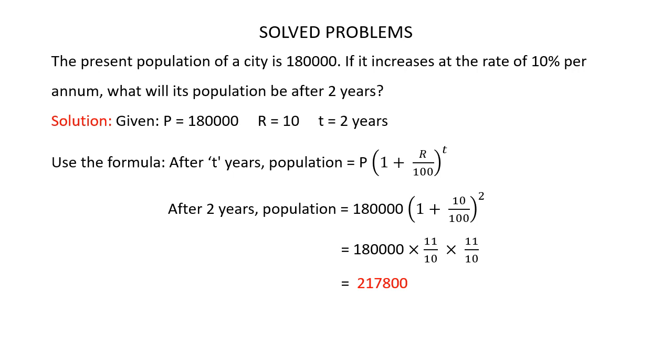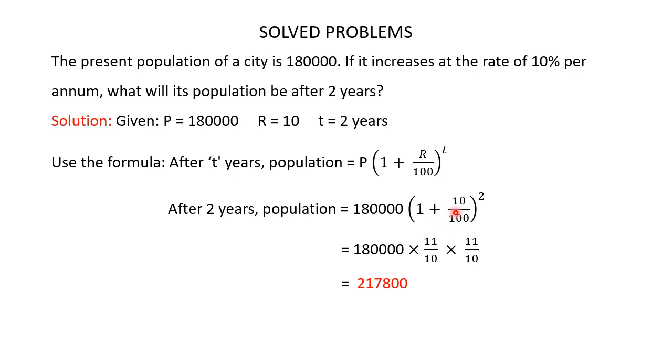So after 2 years, the population will be 1,80,000 multiplied by (1 plus 10 upon 100) the whole squared. Now here when you add, you will have the LCM as 100. So when you add these two terms, you will get 11 by 10.